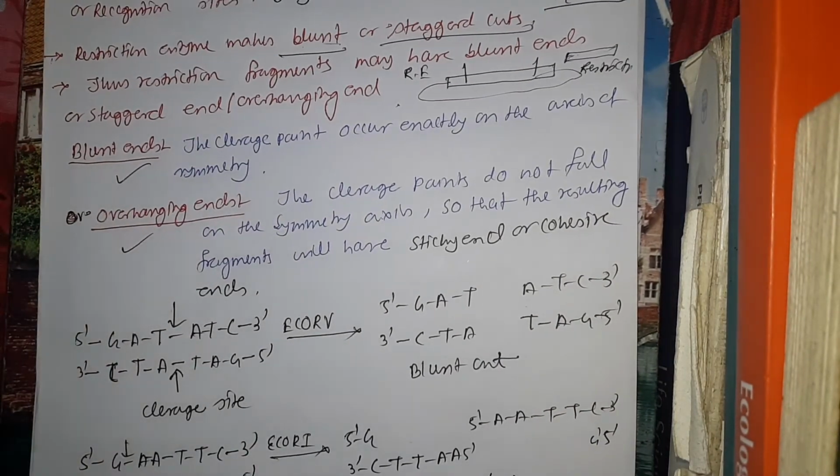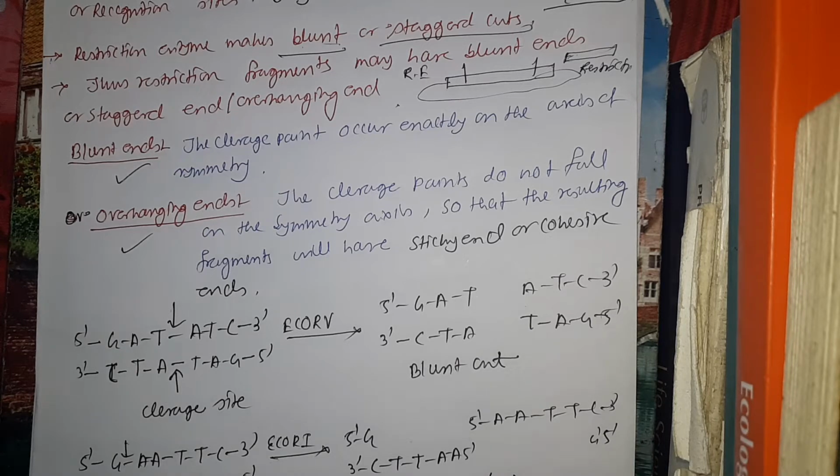What we have learned is that restriction endonucleases are nucleases that evolved in bacteria to prevent viral action. They have the ability to prevent entry of foreign DNA into the host cell.